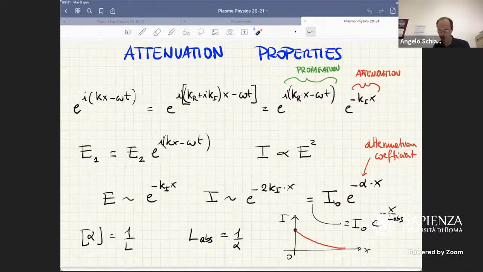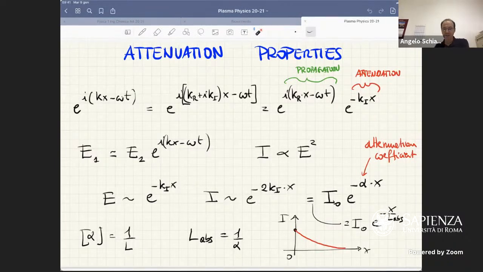So we see that given, for instance, I naught, the intensity at a given point in the plasma, which obviously could be any reference point inside the plasma, then if we keep on propagating the wave in the x direction, the intensity drops exponentially.